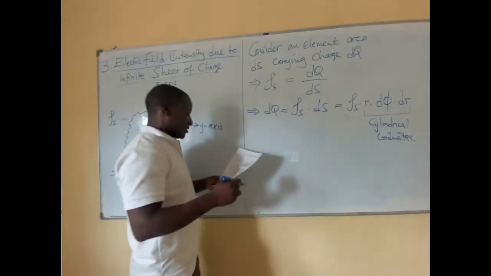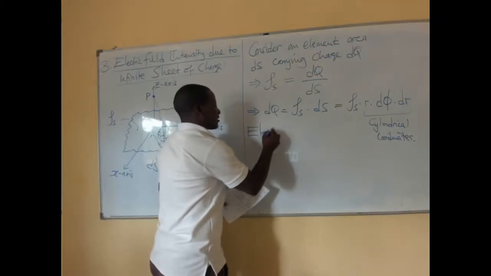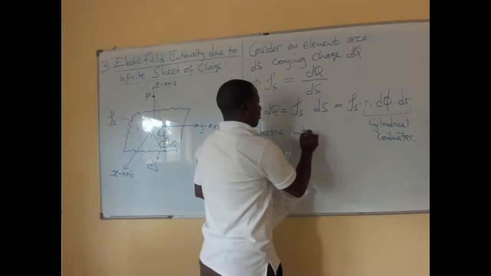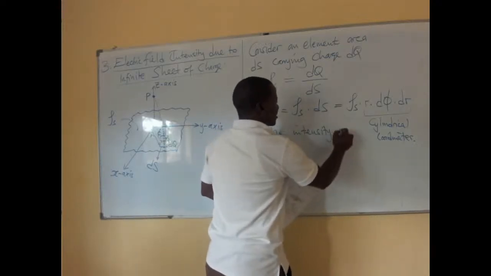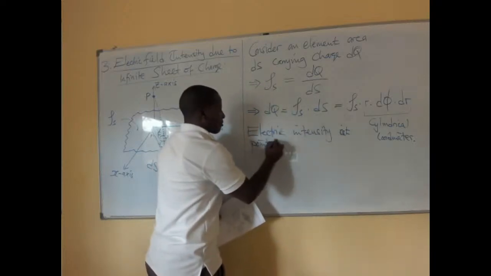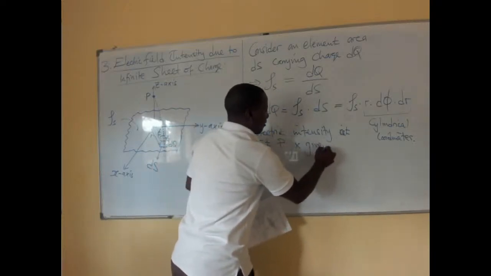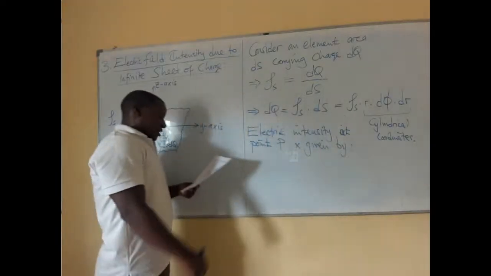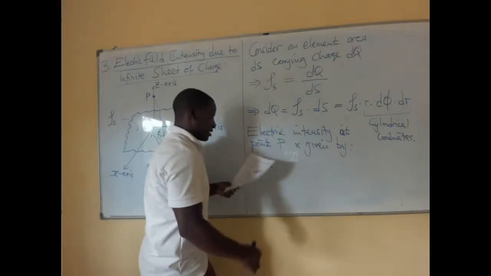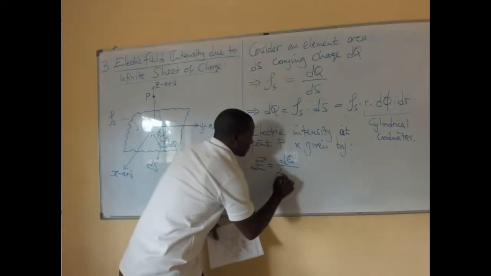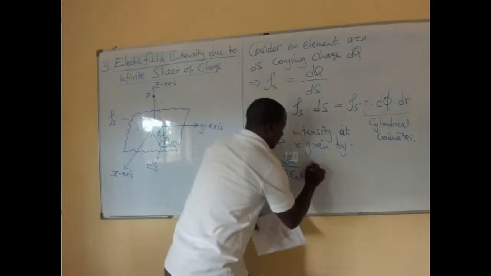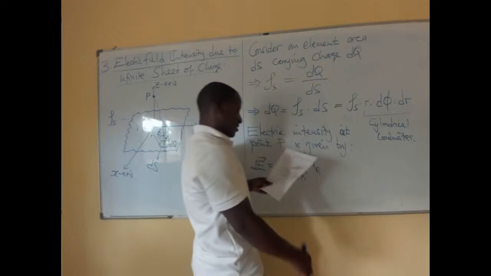Now, straight away we are saying the electric intensity at point P is given by E must be equal to Q over 4 pi epsilon zero r squared, multiplied by r in that form.